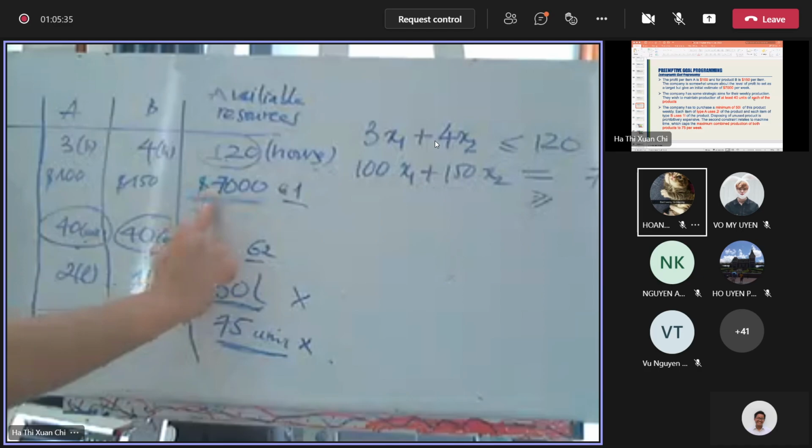So the final one, x1 plus x2 is maximum. Here is lesser than or greater than, everyone? Greater than or equal, right? That is lesser than. Okay.